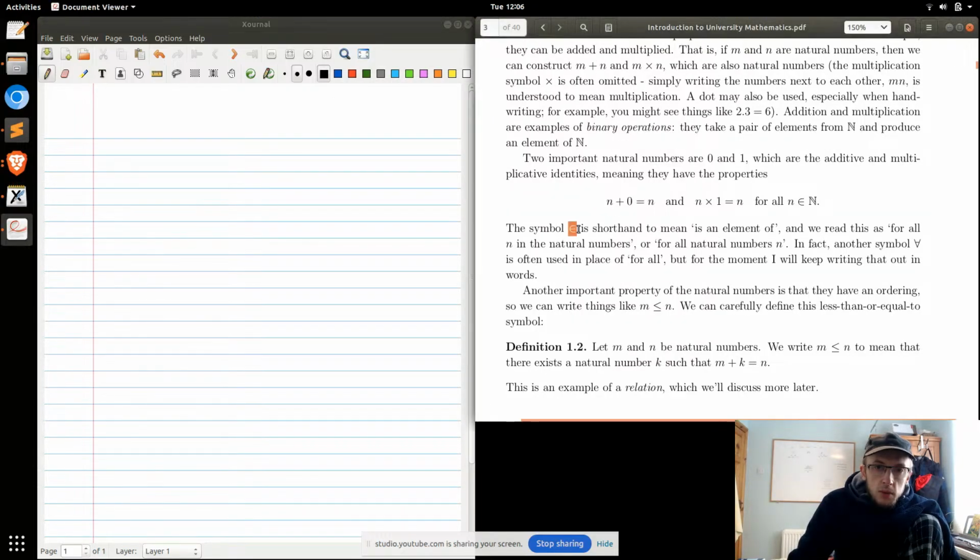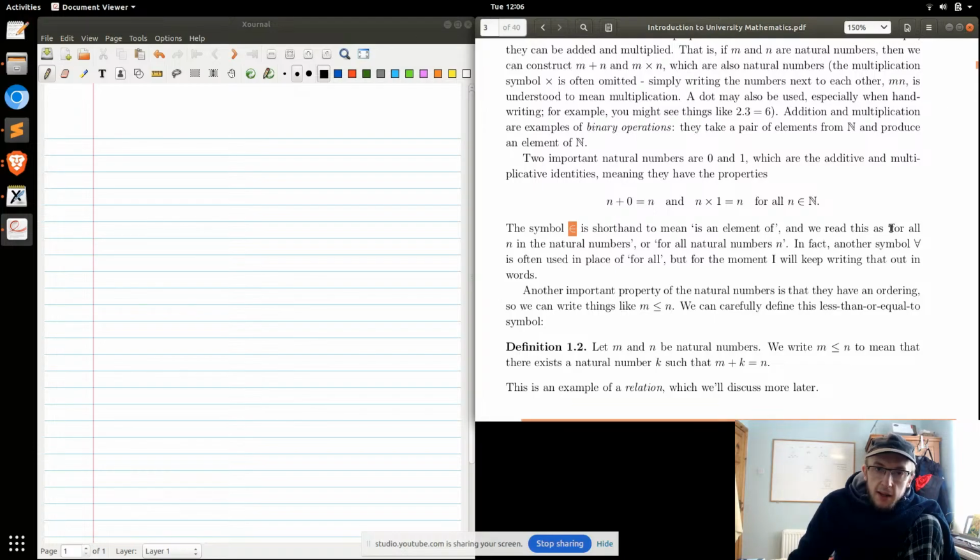The symbol ∈, that symbol right there, which is kind of like a mutated epsilon, perhaps makes you think of the letter E, in which case you can think that it means is an element of.